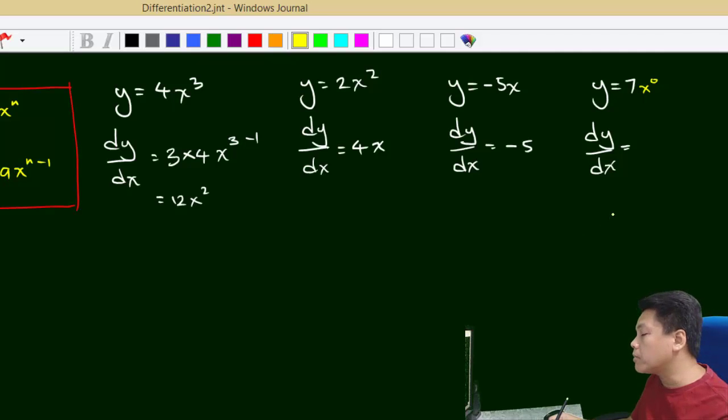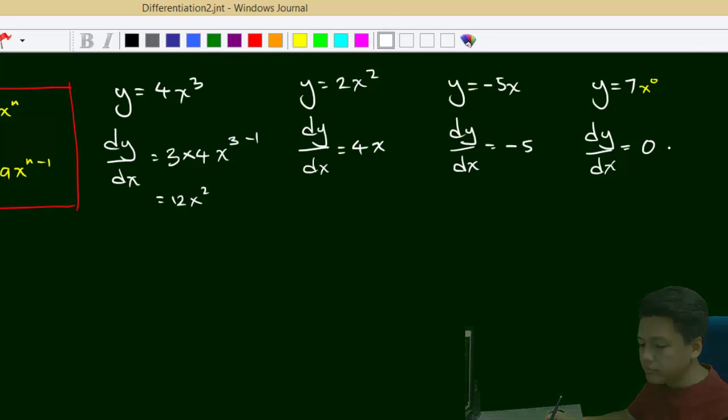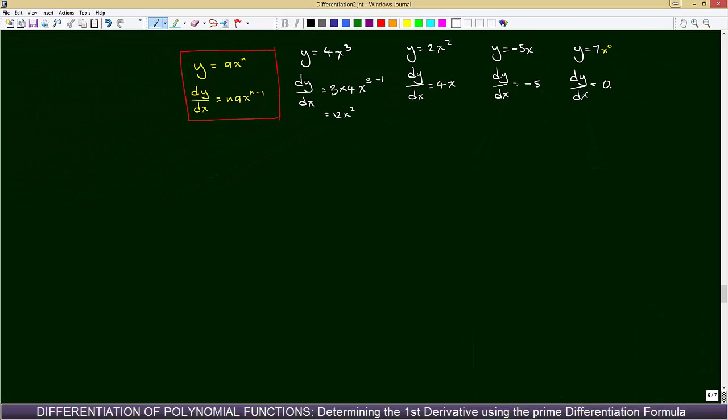Then n needs to multiply with a, which is 7. Then 0 times 7 becomes 0. So 0 multiplied with whatever the remaining x to the power of minus 1 is basically 0. So the final answer is 0. It's nothing.